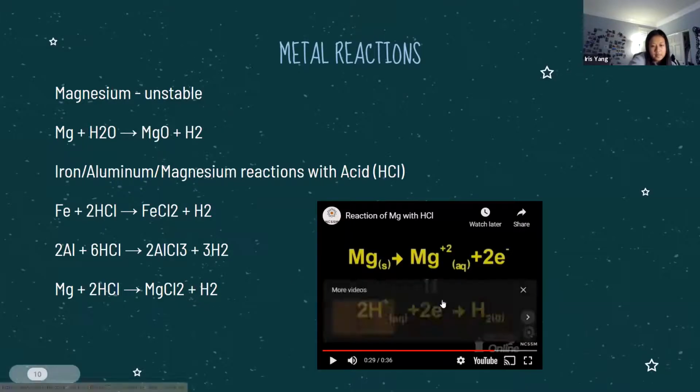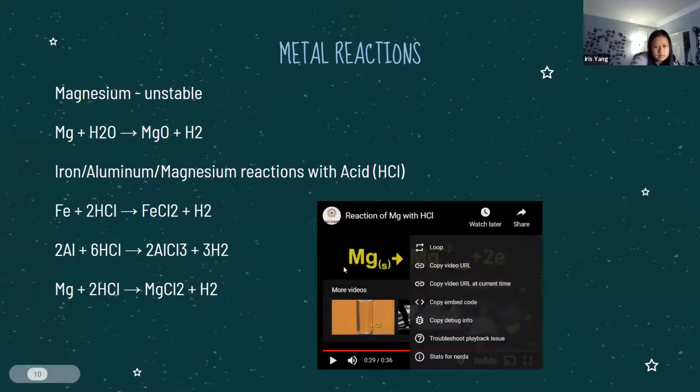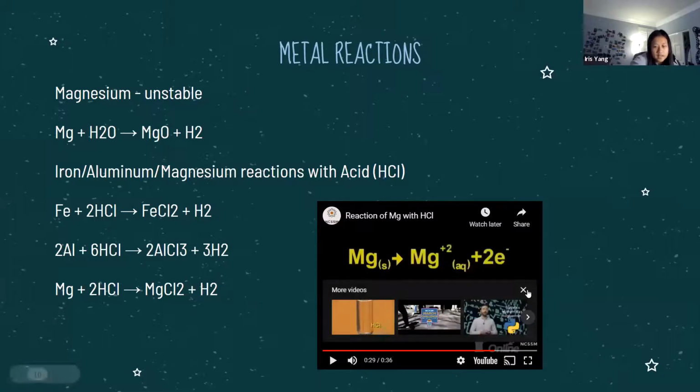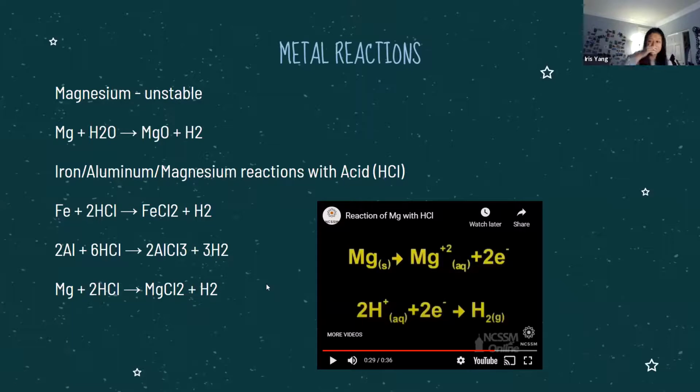It's also talking about reduction and oxidation. If you guys are interested, I could talk more about that in next week's class and prepare some examples. But basically what happens is that magnesium becomes an ion.